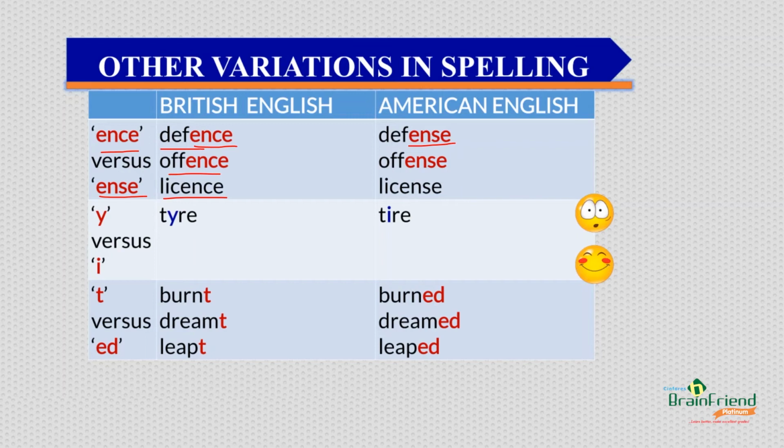Next, we have Y versus I. For the word tire, the British English makes use of Y, while the American English makes use of I. Moving on, we have T versus ED. The British English for words like burnt, dreamt, and leaped makes use of the letter T at the end, while the American English makes use of the letters ED.